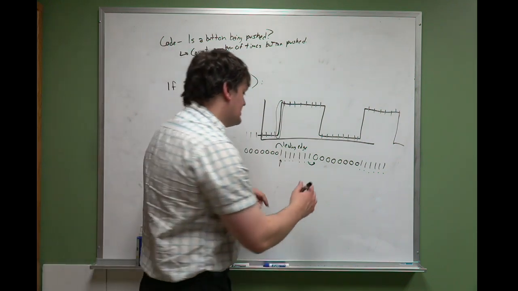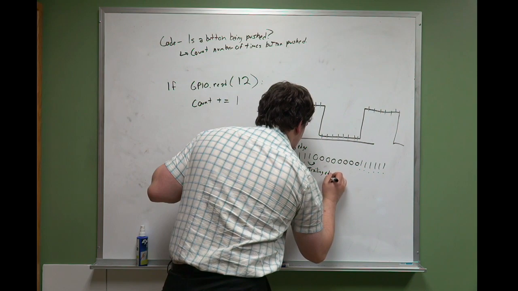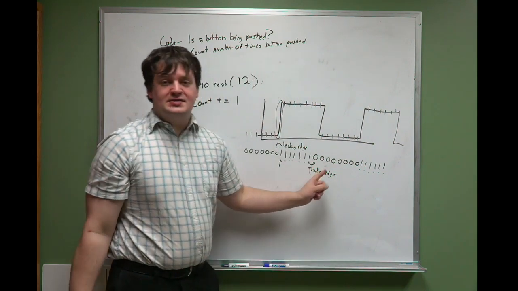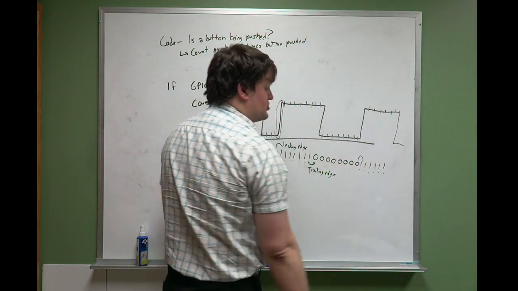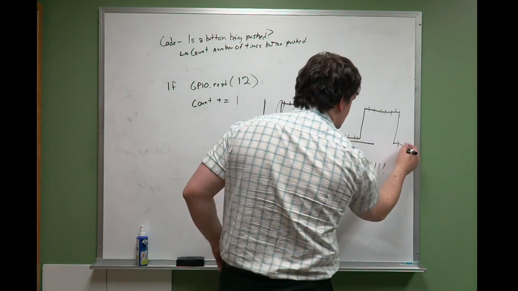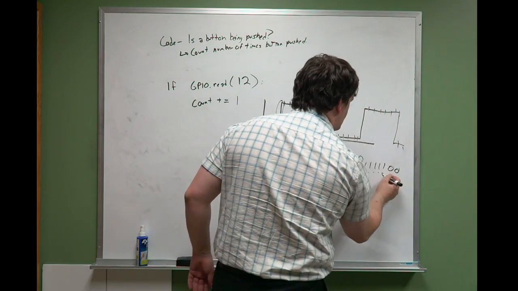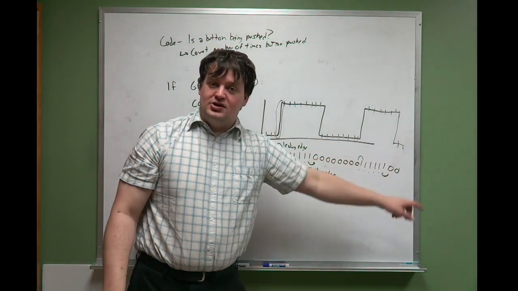This is a trailing edge, because it starts at 1, ends at 0. Here we see another leading edge because it transitions from 0 to 1. Back here, we would see another trailing edge because it starts at 1, next value is 0.